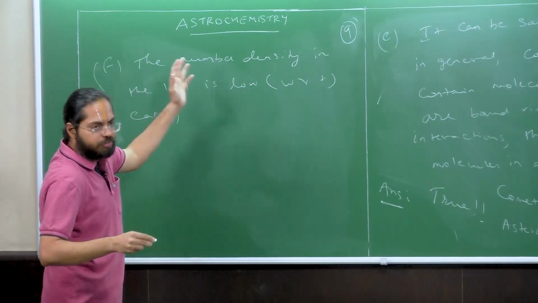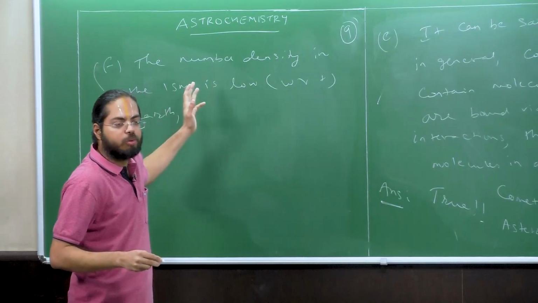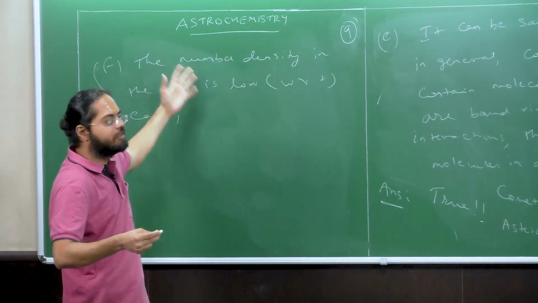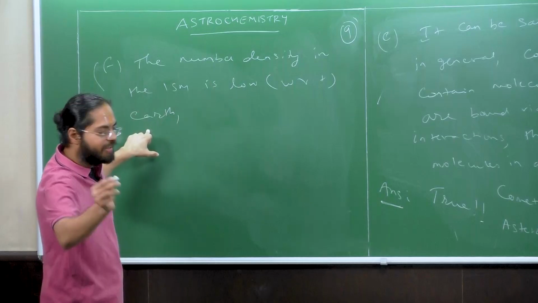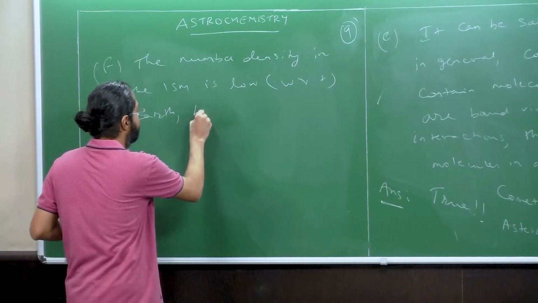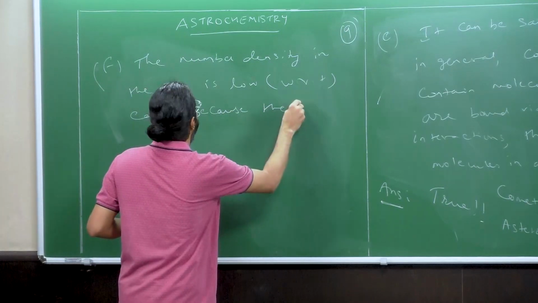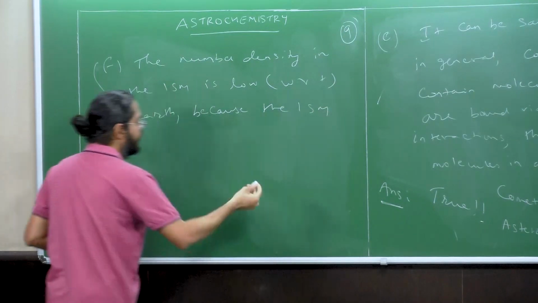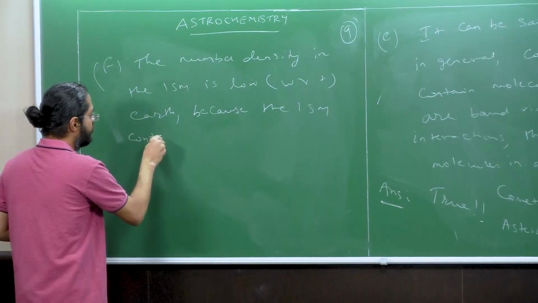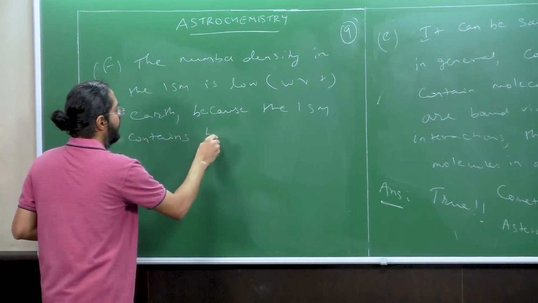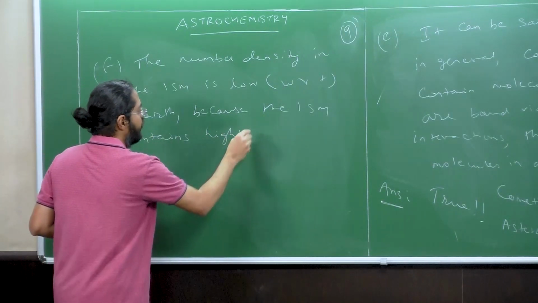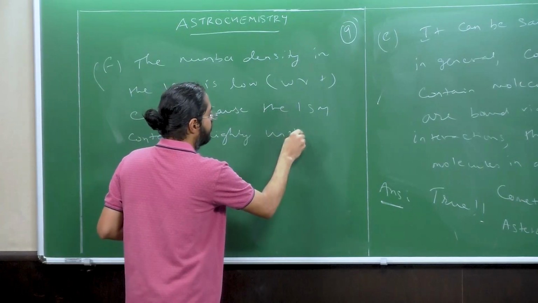If you consider any region, we don't specifically talk about any one particular region, but for all the regions, so far this statement is true, right? Because the ISM, the interstellar medium, contains highly unstable species.